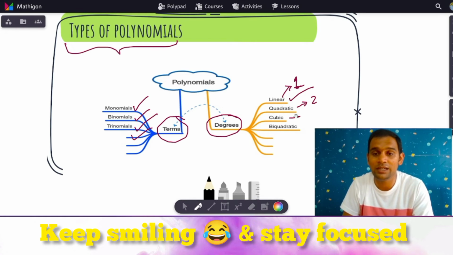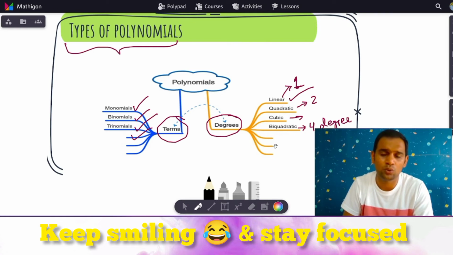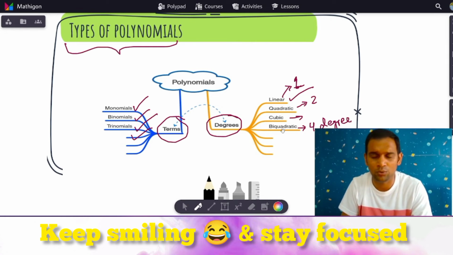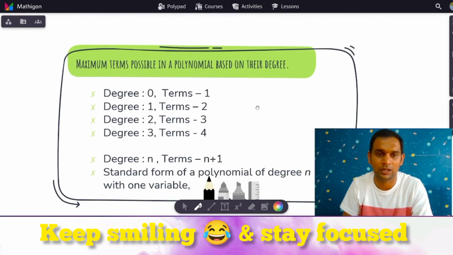If the degree is 3, it is called cubic. If the degree is 4, it is called a biquadratic polynomial, and so on. We need to remember only till biquadratic. We don't generally go after that. So these are the different types of polynomials. We need not go into detail about that right now.